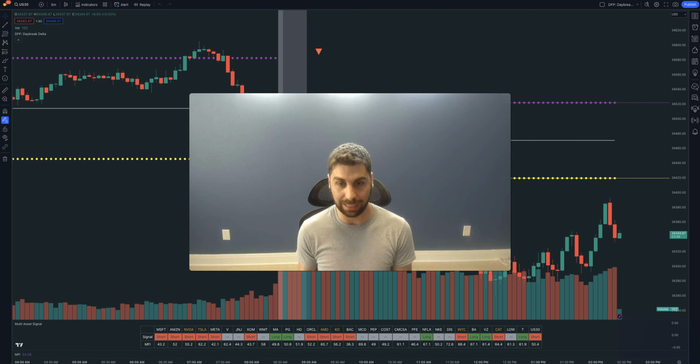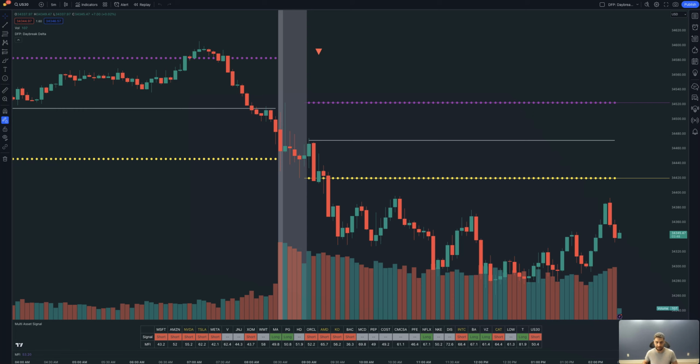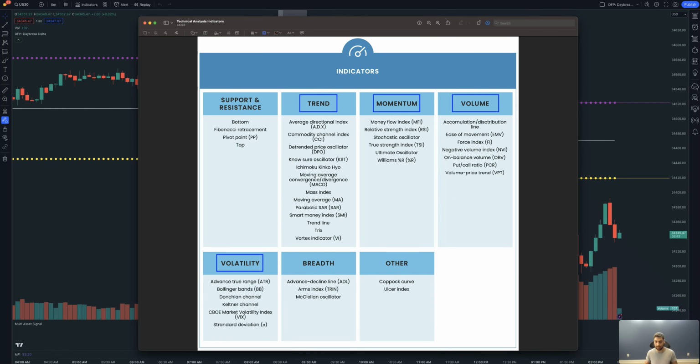The other common mistake I see is people utilizing multiple indicators from the same indicator category. I want to share with you an image and a file that I created that gives you a little more understanding of what technical analysis indicators are and what they do.